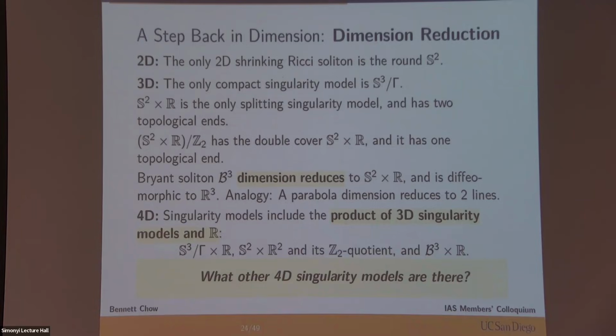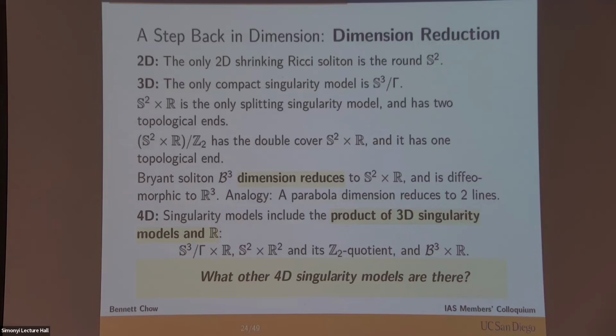Okay, so before we look in more detail, at least via pictures in 4D, we just note a few things about lower dimensions. In 2D, the only shrinking Ricci soliton, let's stick to orientable, and let's not include the Gaussian soliton on R^2, has to be the round S^2.